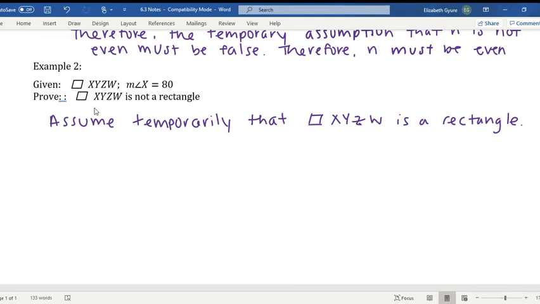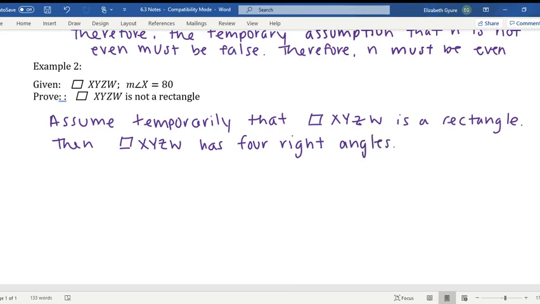So that's the route we're going to go with this. Because it's a rectangle, we know we're going to have 4 right angles. So then parallelogram XYZW has 4 right angles. That is what a rectangle has.